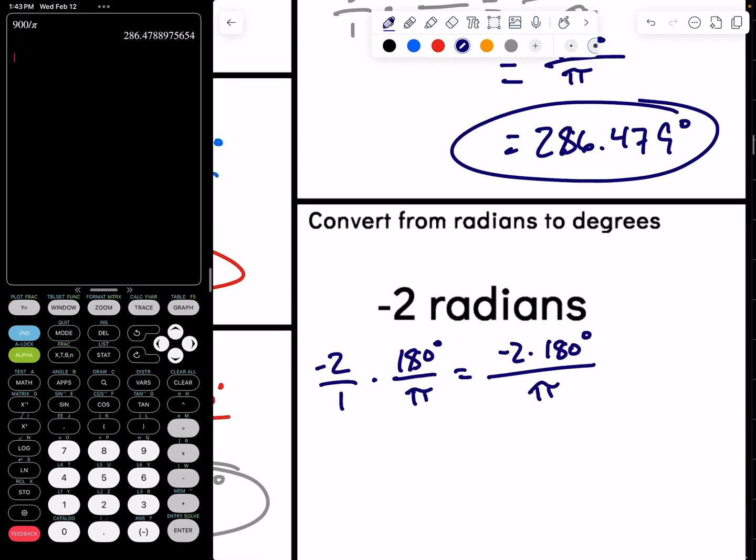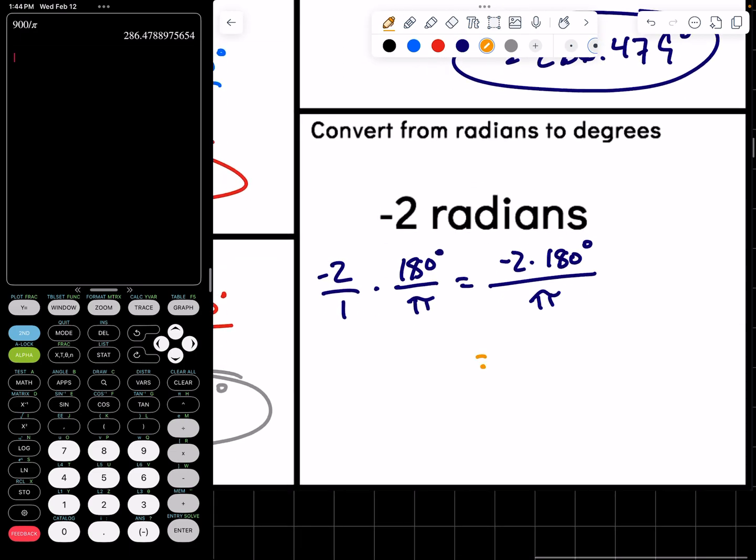And that is going to give us negative 360 degrees over pi. So we're going to divide negative 360 by second arrow, which gives us pi: negative 114.592 degrees.